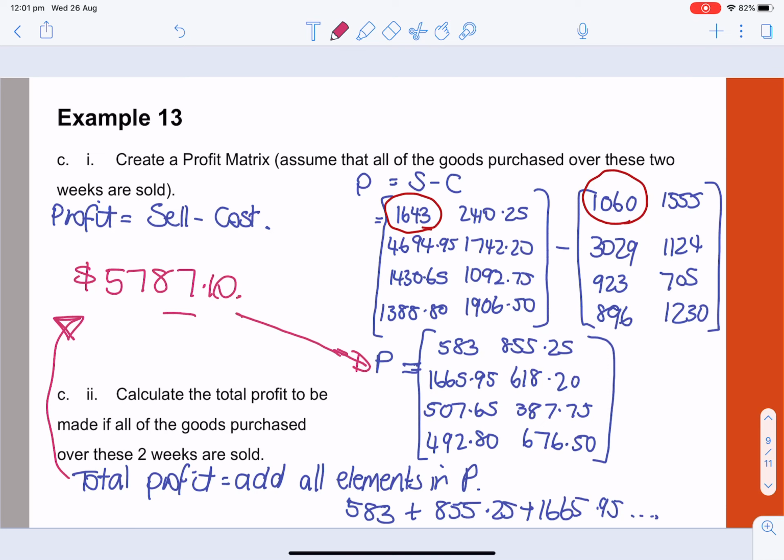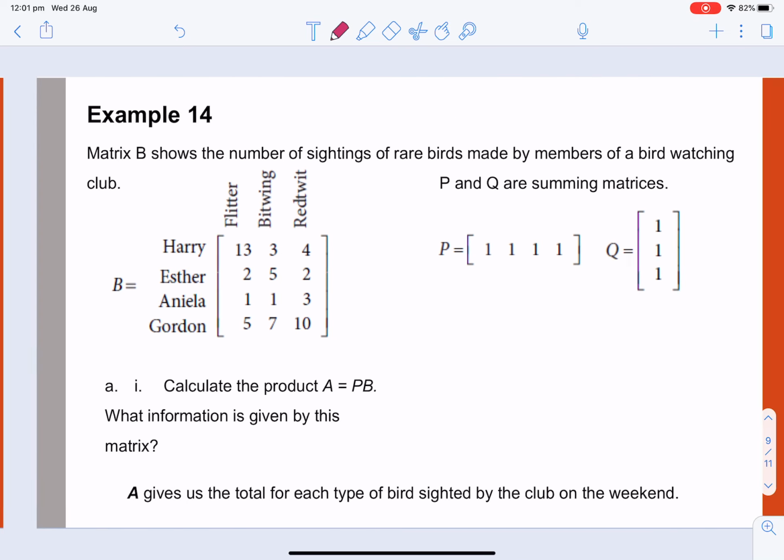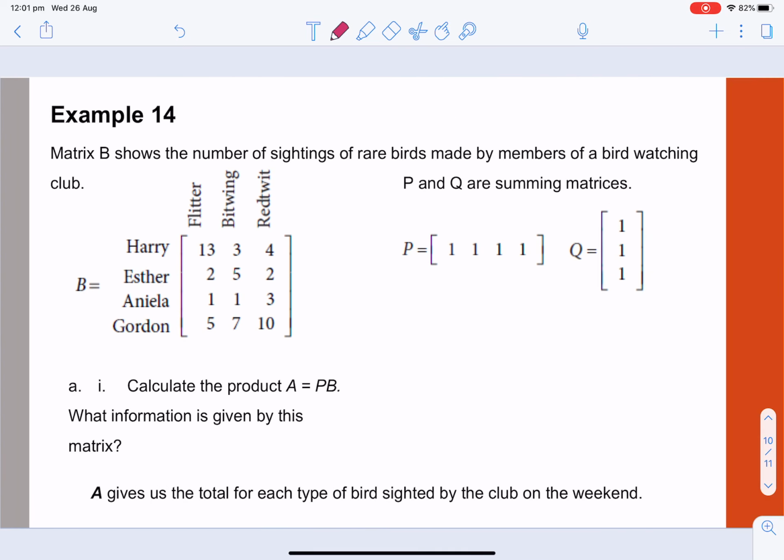Moving on to example 14. Matrix B shows the number of sightings of rare birds made by members of a bird watching club. So these are our birds. We have the flitter, the bitwing, and the red twit. And these are our members: Harry, Esther, Ania, and Gordon.